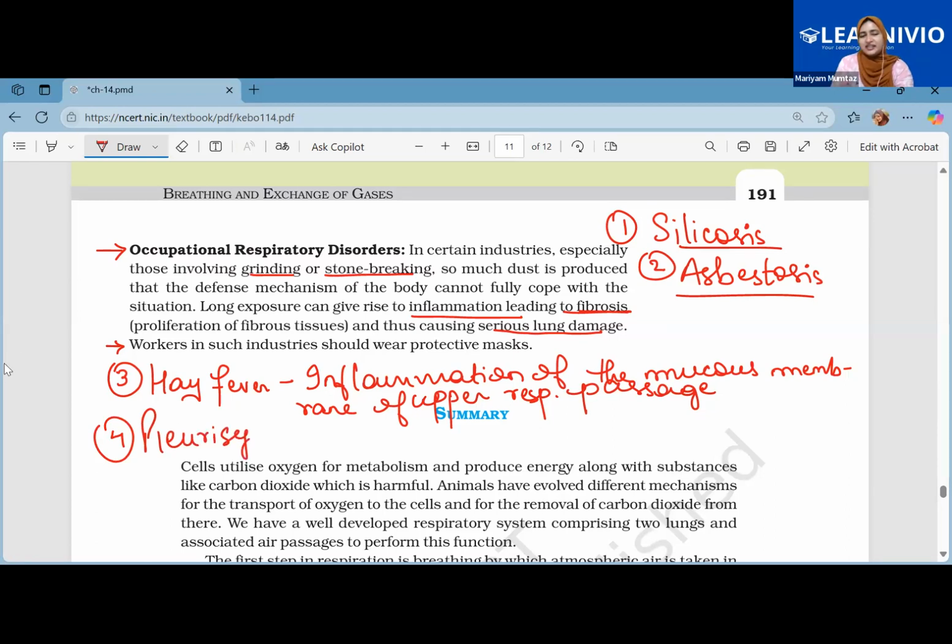This can happen because of various reasons, but it is the inflammation of the pleural membrane or pleura. Clear? Any doubts? No doubts?